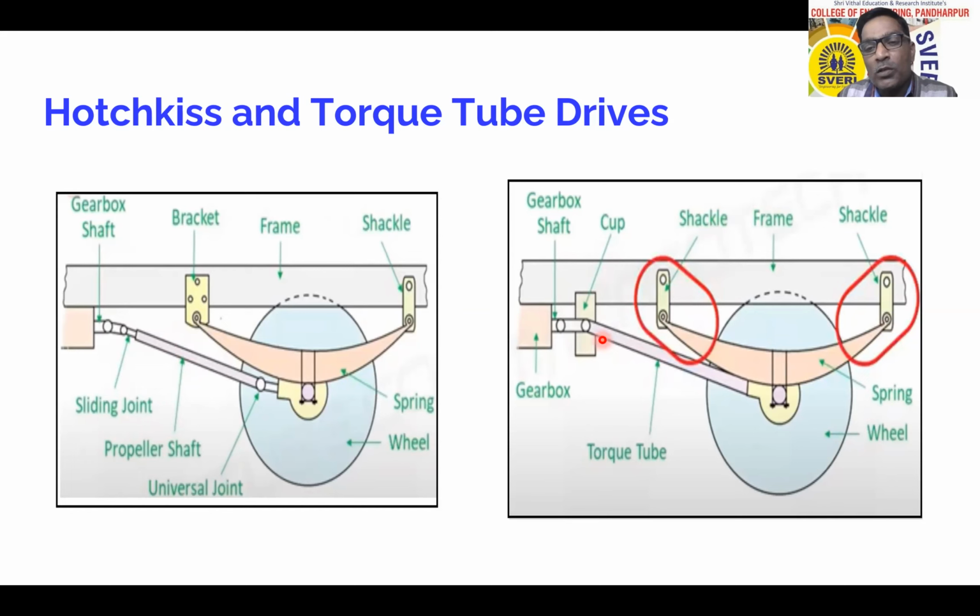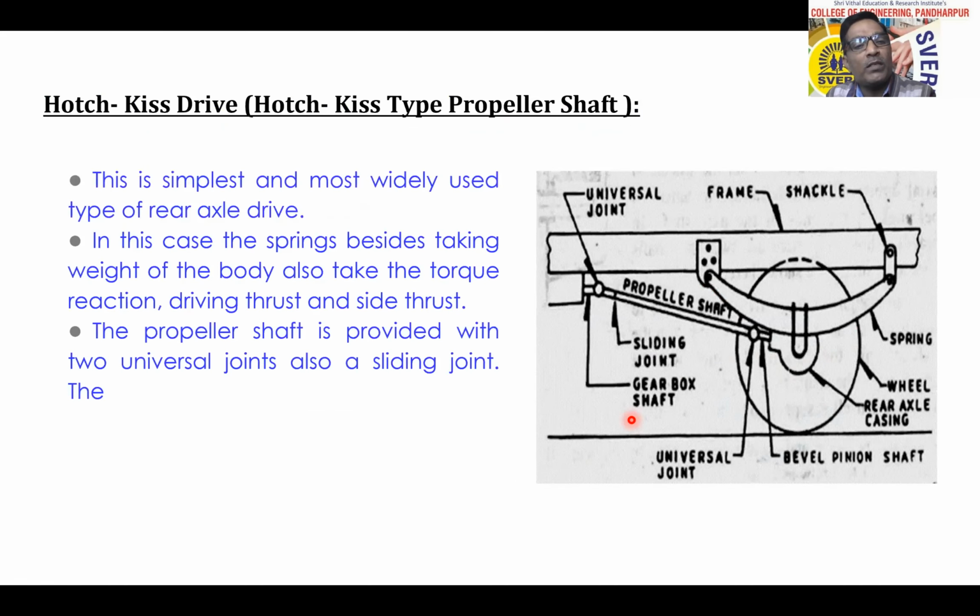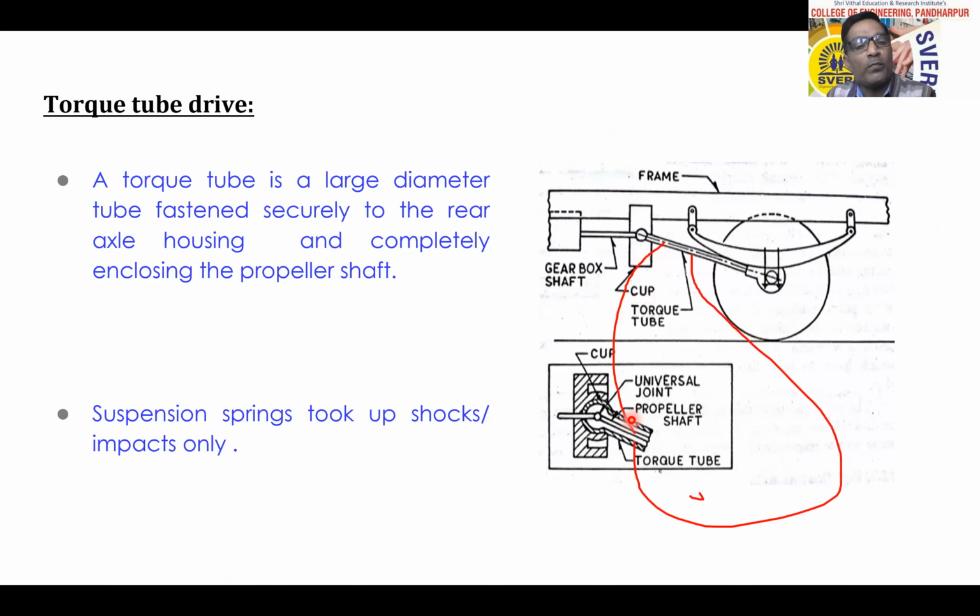Here, this torque tube is taking that whole function, and this leaf spring has to absorb the shock and take part of the impact. So this way there is a difference between the Hotchkiss type and torque tube drive.